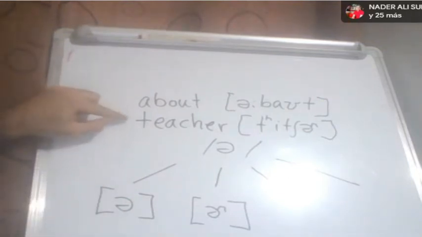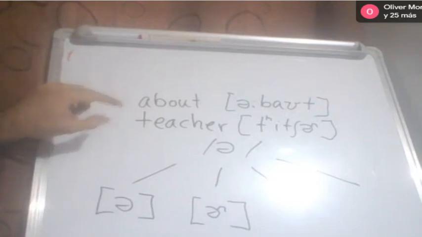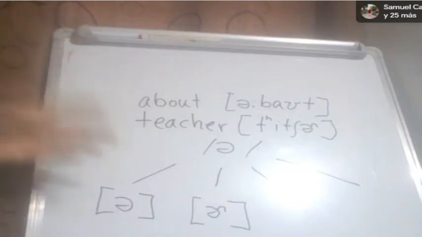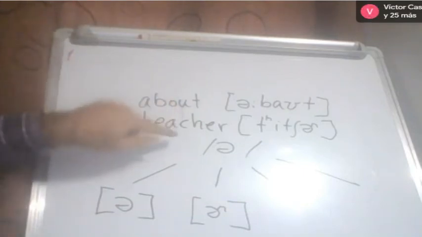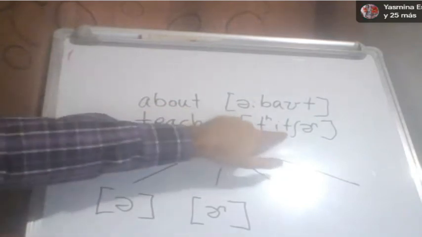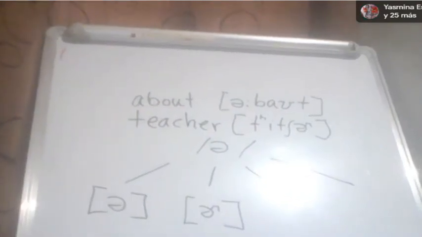So teach them to pronounce the word teacher as it should be pronounced, because most students learn the word teacher, a teacher, as teacher. So they don't put the T here. Remember that the CH has to be with the T in front.